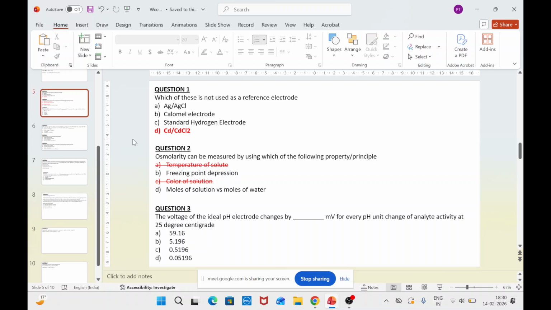Any idea what freezing point depression is? The concept of freezing point depression, colligative properties of a solution. If you know this concept, by adding solute to a particular solution, you can either elevate its boiling point or depress its freezing point.